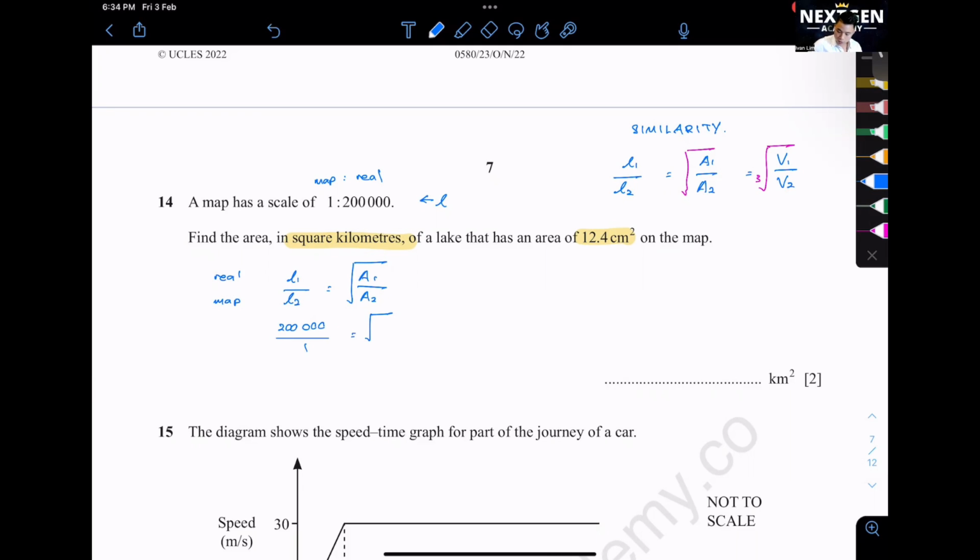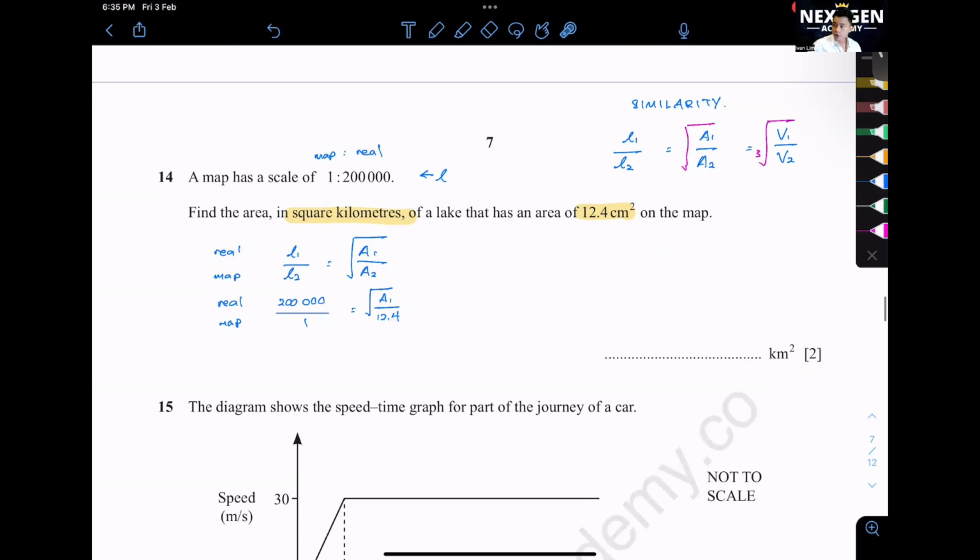Okay, we put it as area 1. So area 1 is the real life. Then over 12.4. This is your real. This is your map. Make sure you all fit in the correct values first for this.